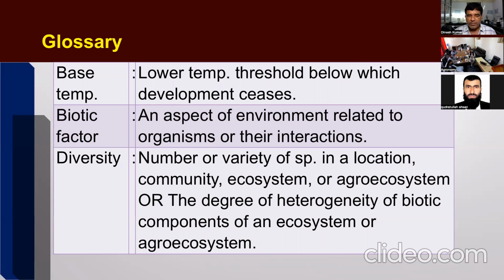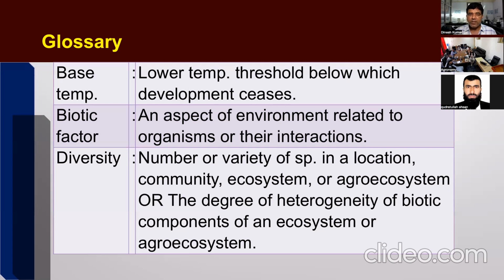Some difficult terms, like base temperature. Base temperature is the lowest temperature threshold below which development ceases. So this is the minimum temperature. If temperature occurs below this temperature, then plants will die. Growth will not happen. So this is the minimum level of temperature that is required for survival of the plants.